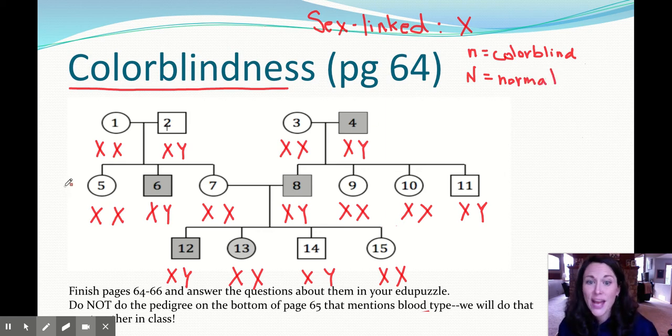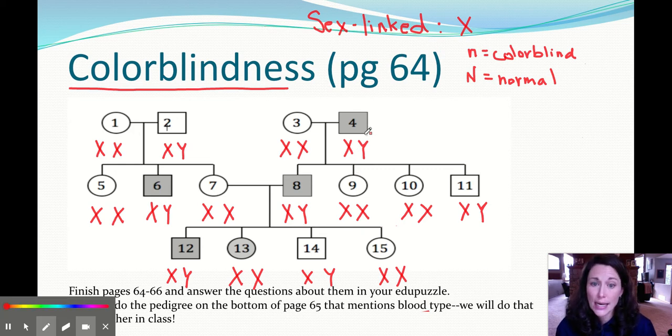As I'm looking at this trait, I know anybody who is shaded is going to be colorblind because they have the recessive allele. So the very first thing I'm going to do is fill in any shaded individual.